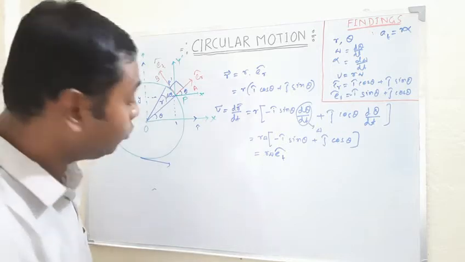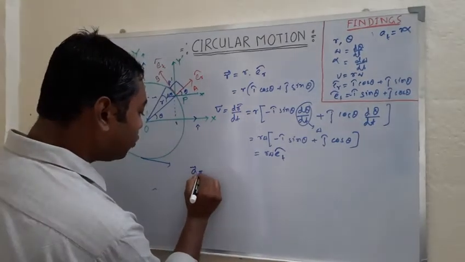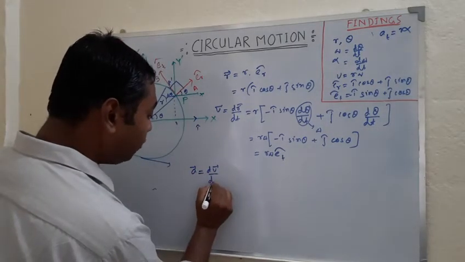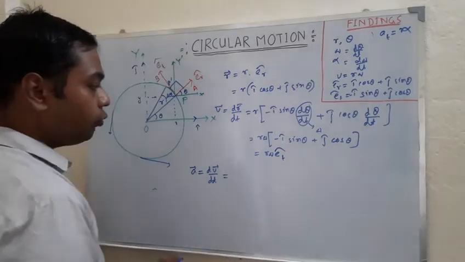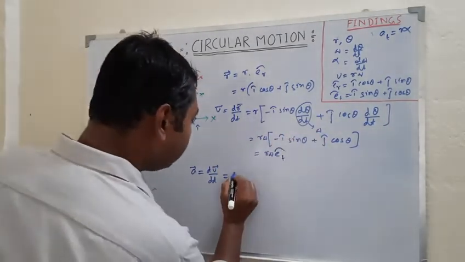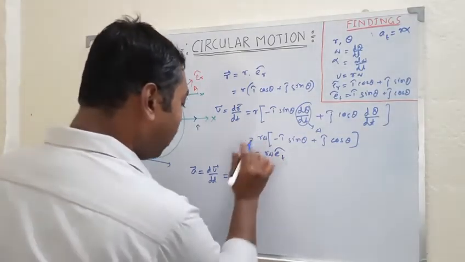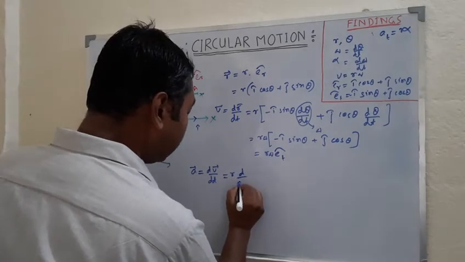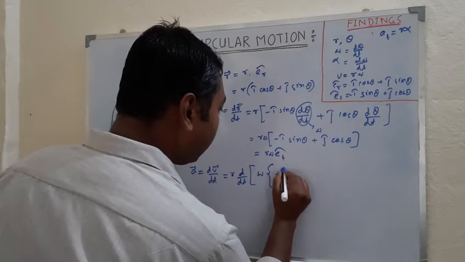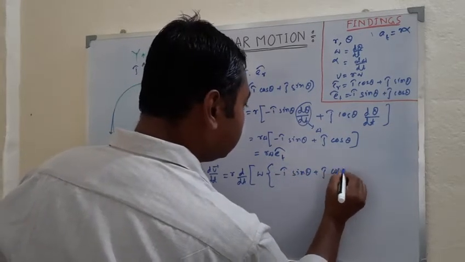Now how can we calculate the acceleration? We again differentiate with respect to time. So a equals the derivative of the linear velocity. We have to take the time derivative of this term, where omega and the unit vector are both variables. R is constant, so r can be taken out, and we have d theta by dt, omega, with minus i sin theta plus j cos theta inside.